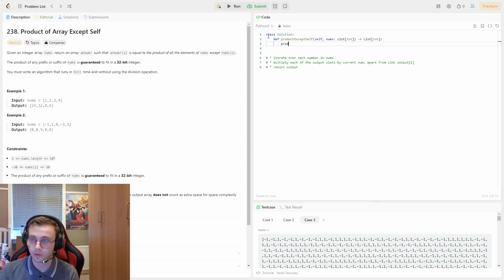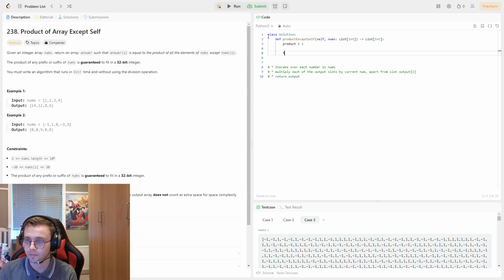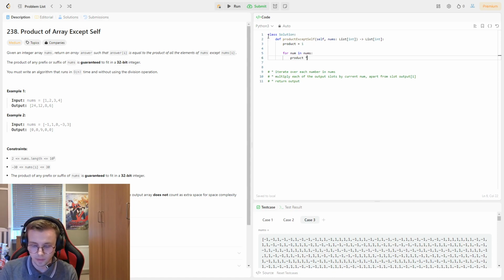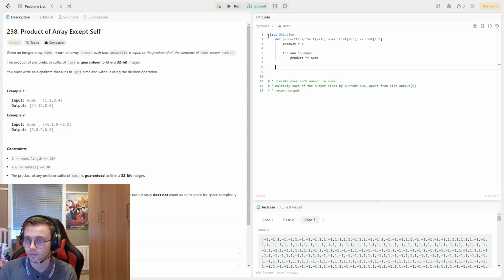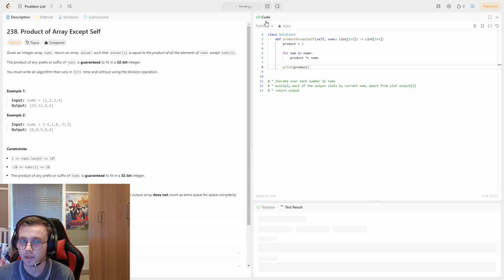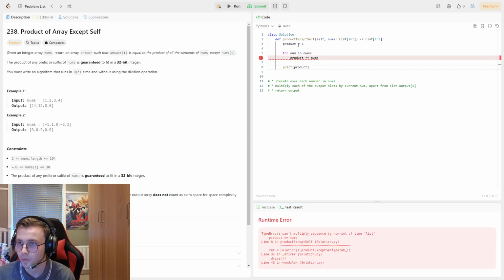So you could do product is equal to, initialize it to 1, and then for num in nums, product times equals num, and then you print num, print product. So the product would be like 1 times 2 times 3 times 4, right?